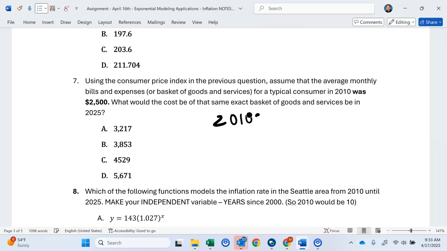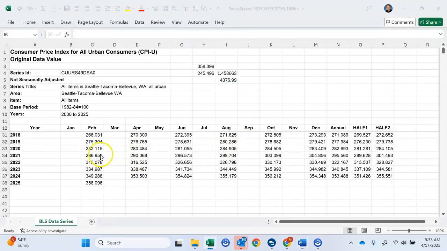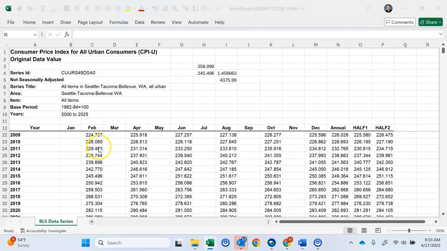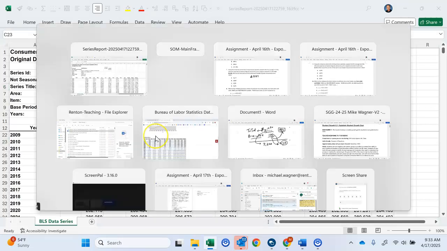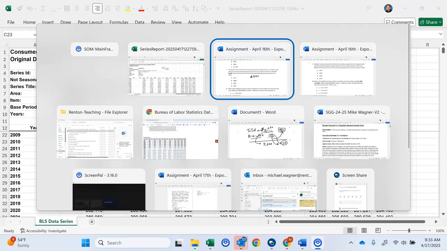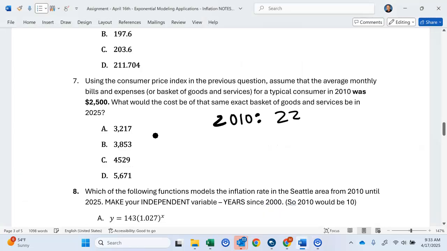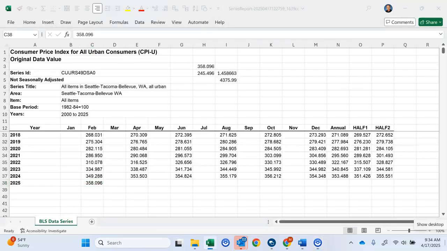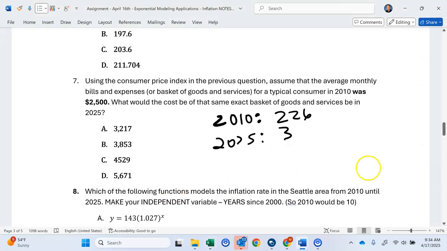Let's go back to that document we downloaded. 2010 would be 226. I'm just going to round it. And then in 2025, it's 358.